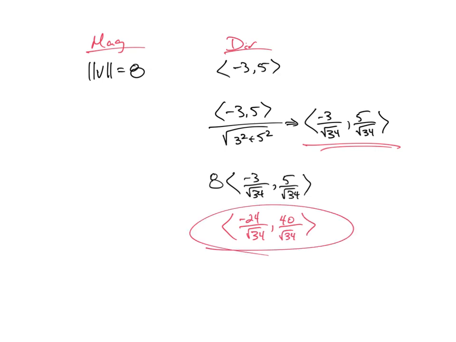And so this vector now has a direction that's the same as (-3, 5), and it has a magnitude of 8. All right? Pretty good? So when we do that, we have to find its what? Unit vector, and then we multiply it by the magnitude that's given. Okay?